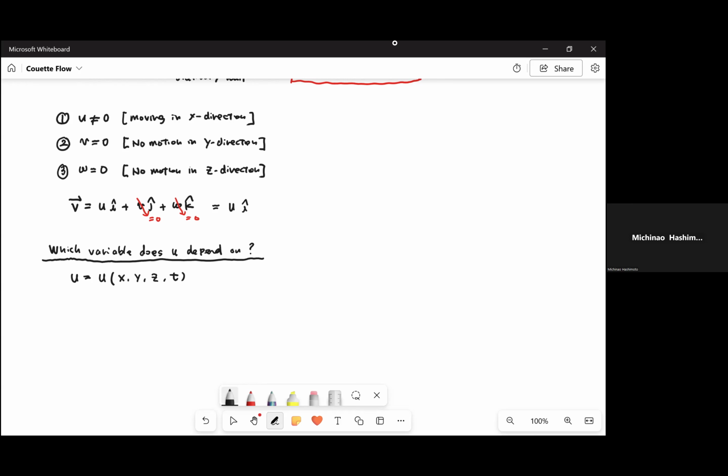But we are making a few different observations here. First, let's assume the flow reaches a steady state.